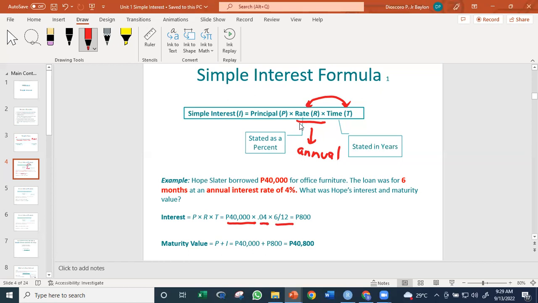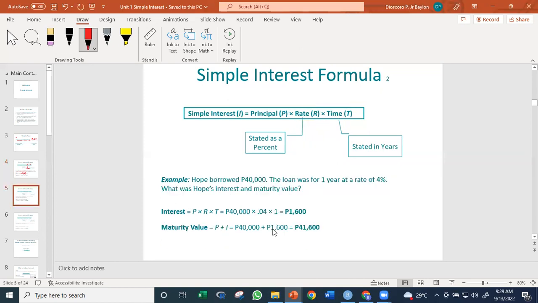So this is the simple formula: principal times rate times time. The rate is stated yearly, and the term should be stated also yearly. So it's 6 months, which means if you convert it into a year, that's 6/12.